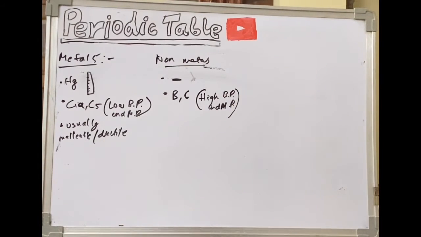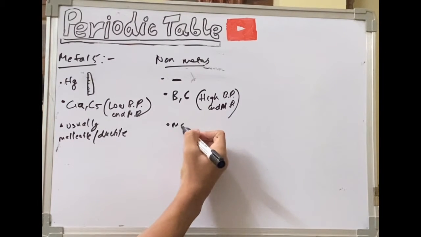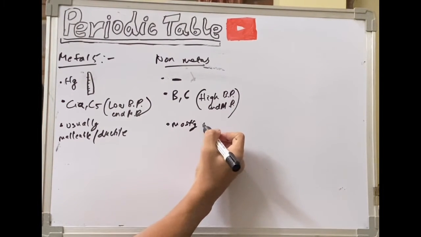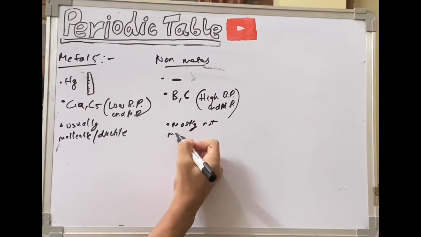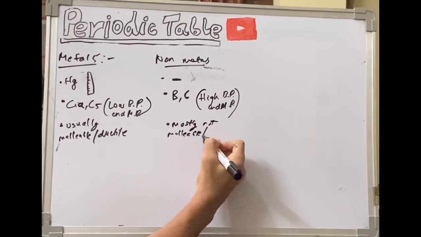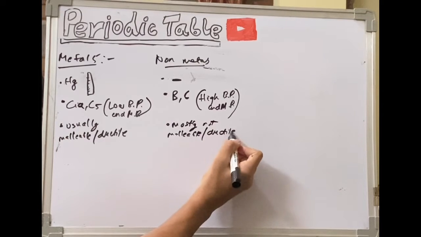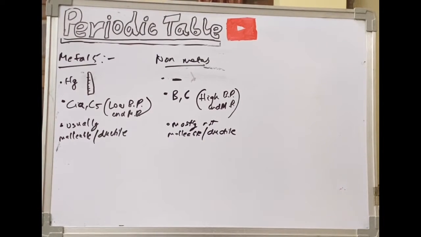Now, most non-metals are brittle and neither malleable nor ductile. Okay, this is easy, right?